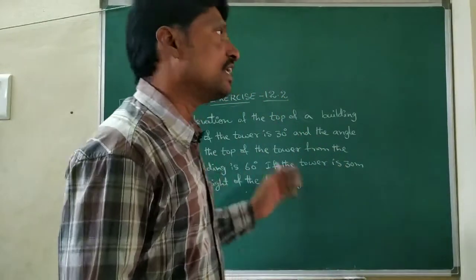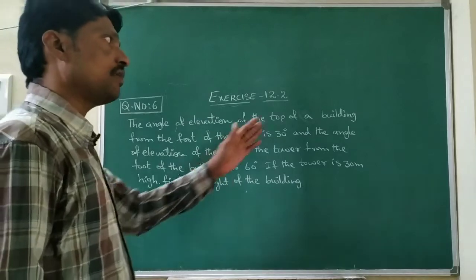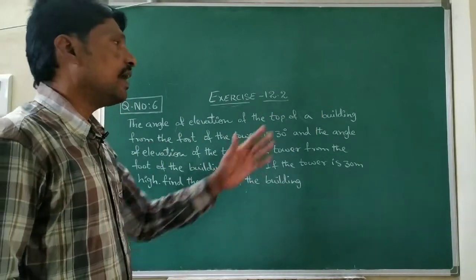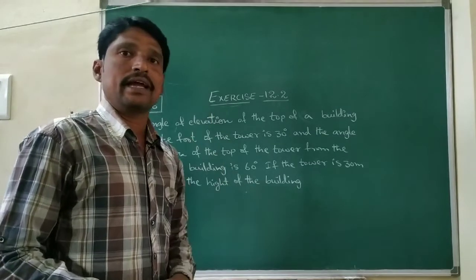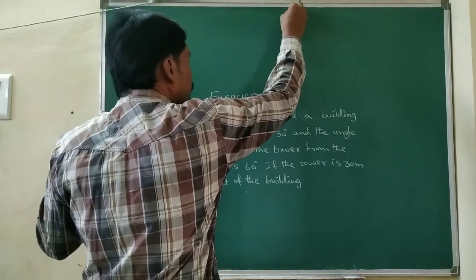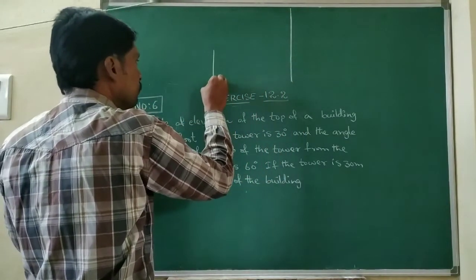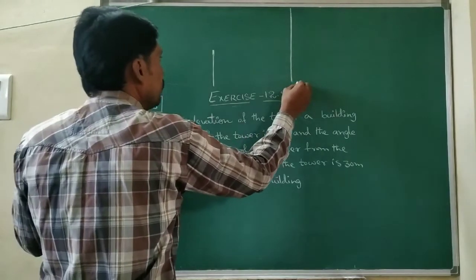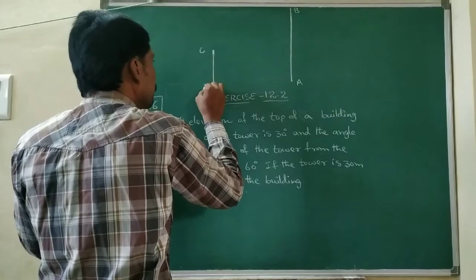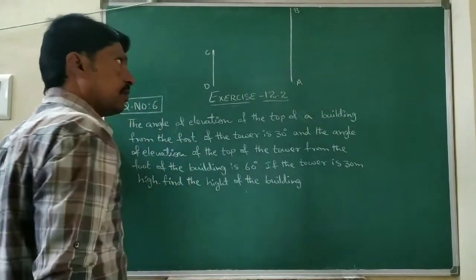What information is given in this problem? The angle of elevation of the top of the building from the foot of the tower, so building and tower are given. This is the tower. You can think this is the building. A, B, C, D. So CD is the height of the building.